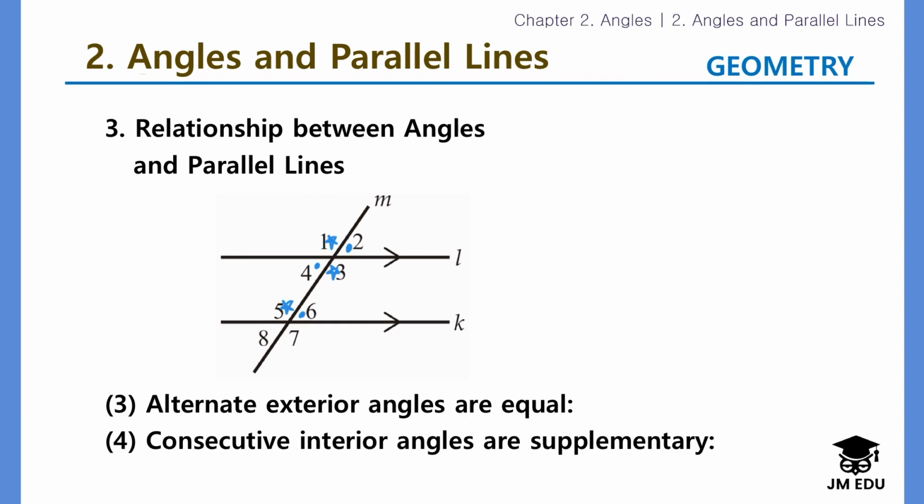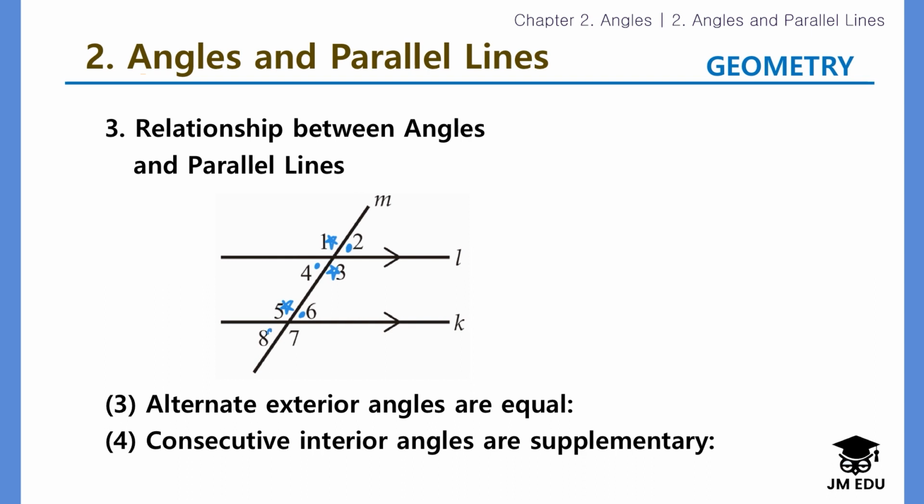Number three, alternate exterior angles are also equal to each other. Here, I'm going to show you why. Angle number 2, angle number 4, they are congruent, vertical angles. Angle number 4, angle number 6, congruent, alternate interior angles. Angle number 6, angle number 8, they are congruent, right?